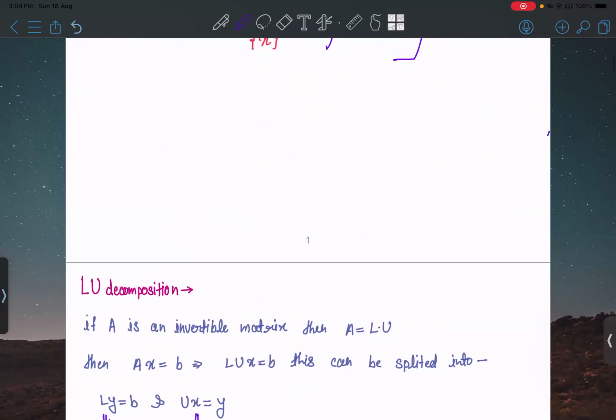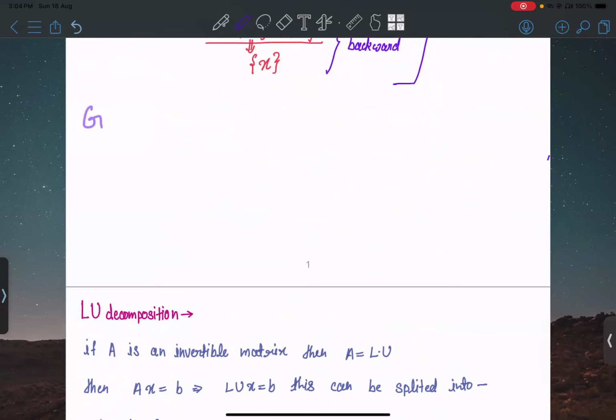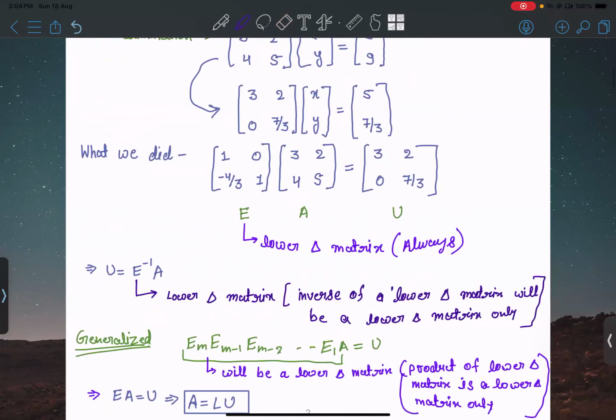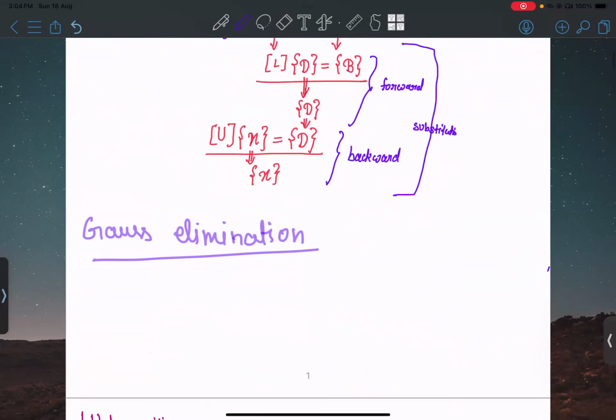You have heard in week 3 the instructor discussed Gauss elimination. So what is the problem with Gauss elimination?